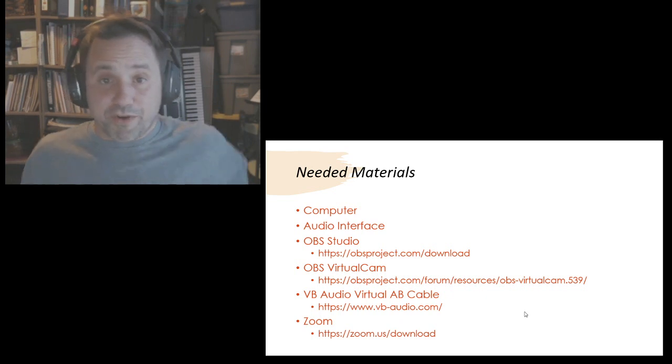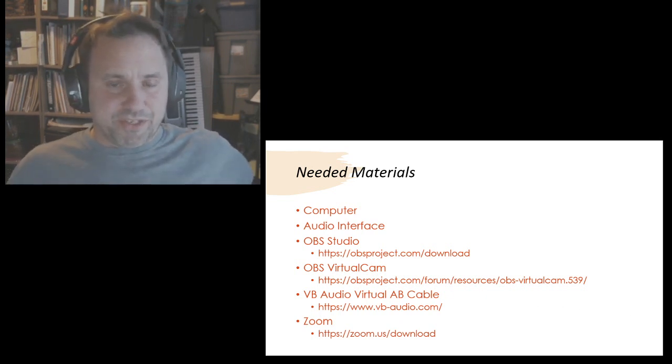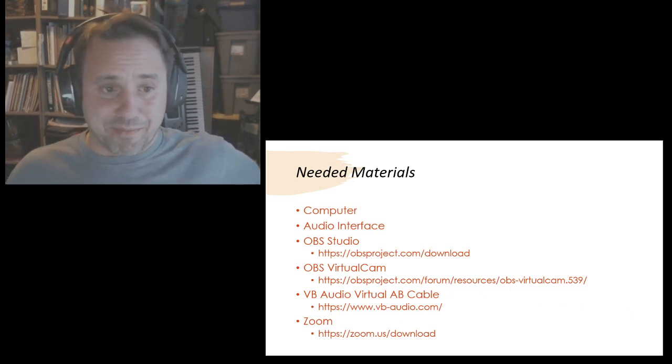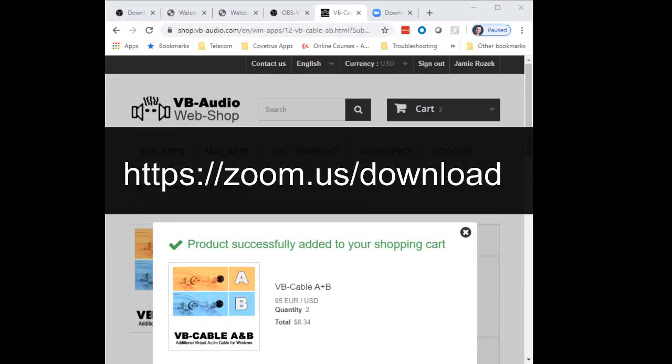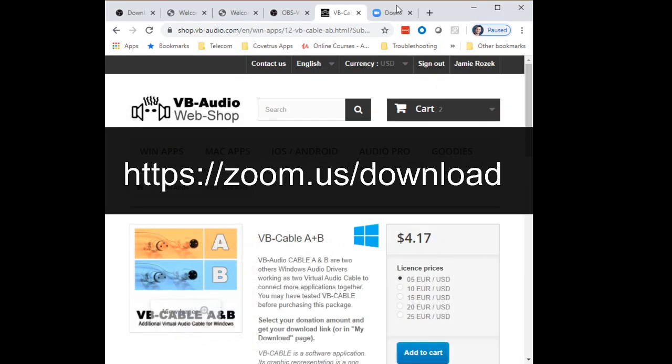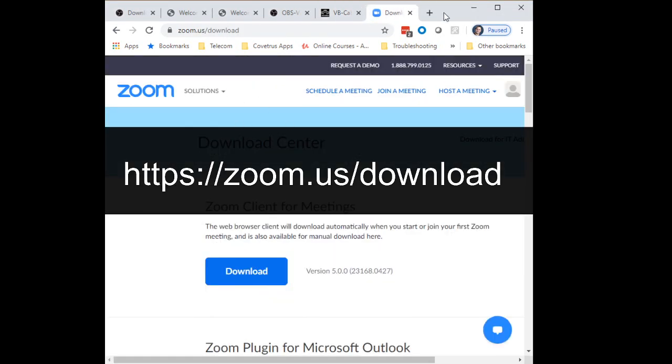So now that you've rebooted your computer, the last thing we need to do is install Zoom, which I'm guessing most of you have already done. If you have not, then you're going to want to go over to zoom.us/download and just grab an instance of Zoom.